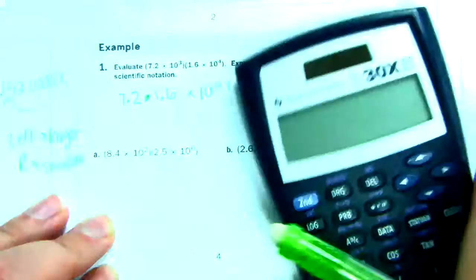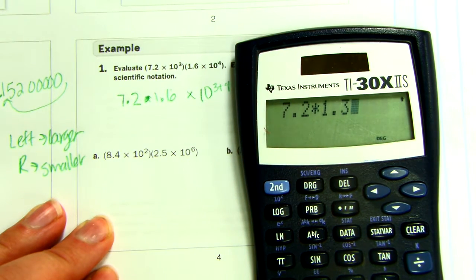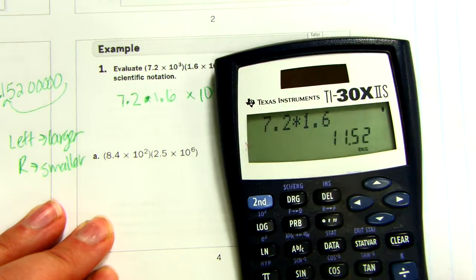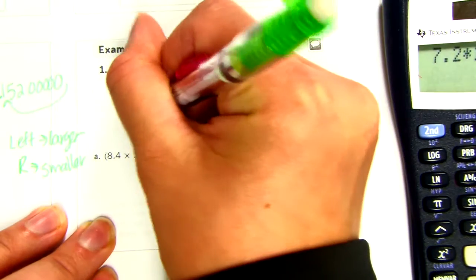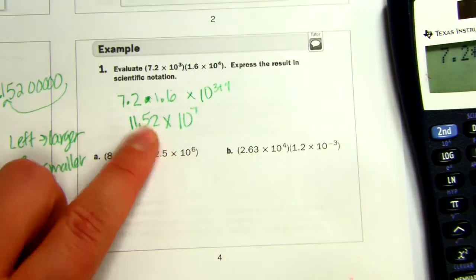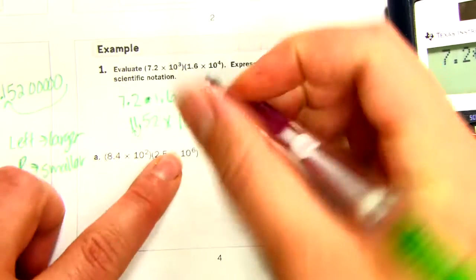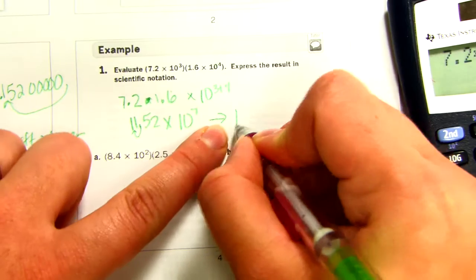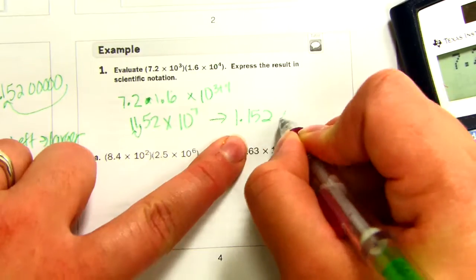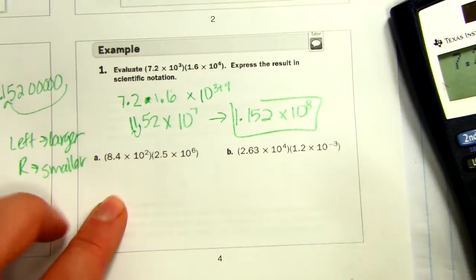So if we take out our calculator and multiply the right numbers, 11.52 times 10 to the 7th. Is that in proper scientific notation? The answer is no, because the coefficient needs to be between the first 2 numbers. So we're going to change this to 1.152. We moved it to the left. Exponent gets larger. All done.